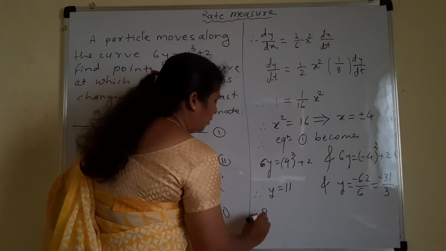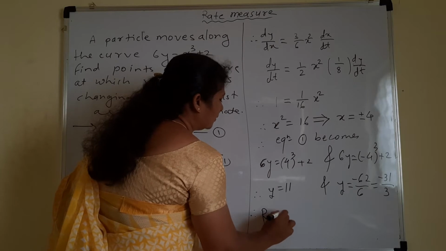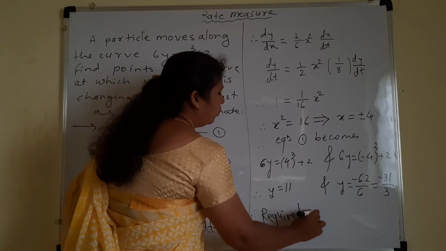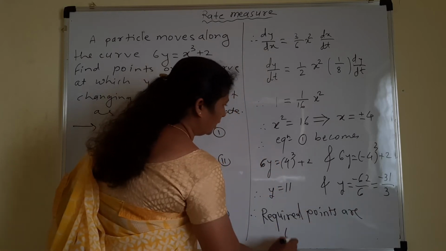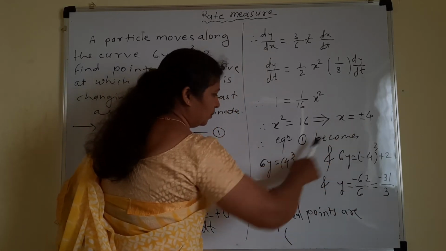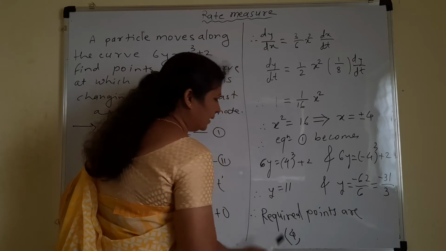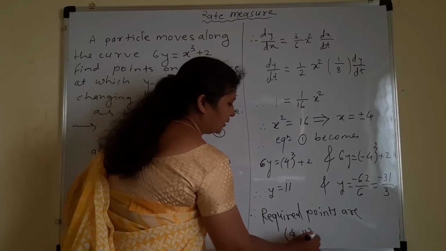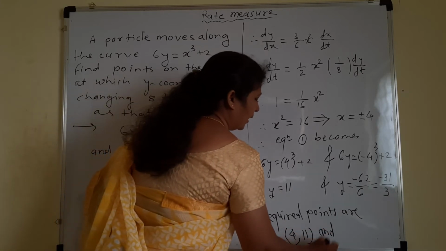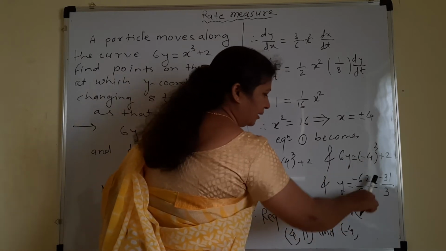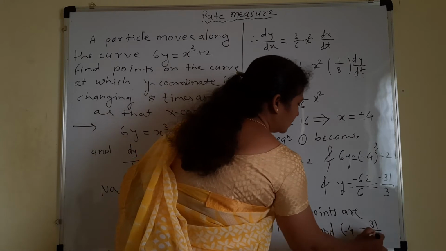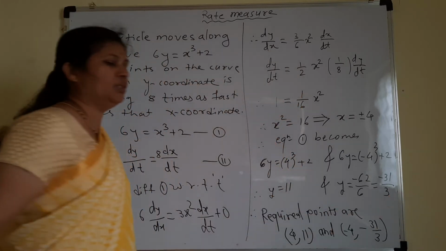Therefore the required points are: first point, x coordinate is plus 4, at that time y coordinate is 11, and x coordinate is minus 4, at that time your y coordinate is minus 31 upon 3.